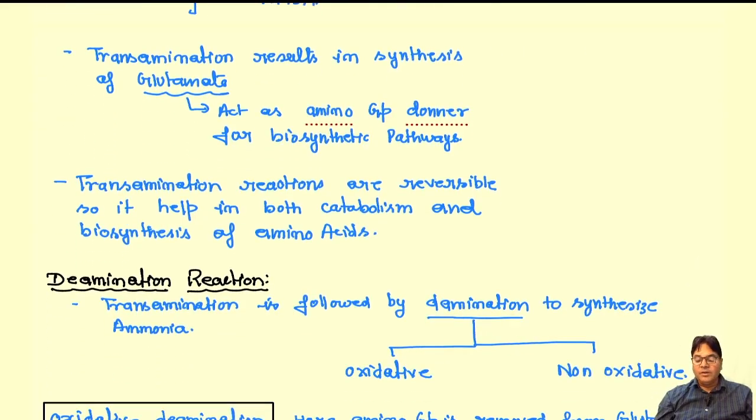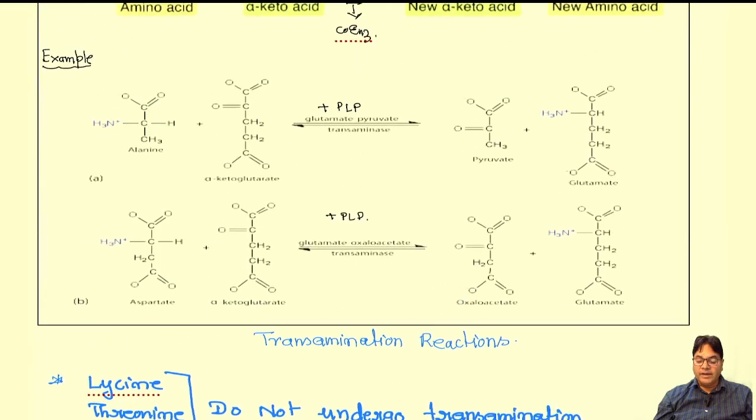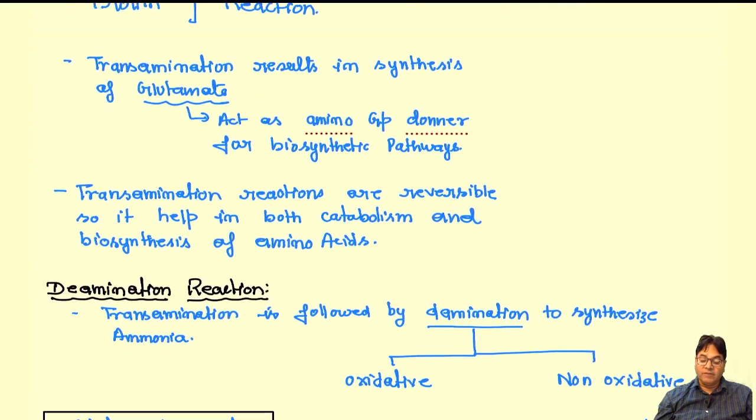Now these transamination reactions are reversible, that means if the right direction occurs, then the left direction can also occur. This amino group can be transferred from glutamate to oxaloacetate, and then the reverse reaction may take place. So we call these transamination reactions reversible reactions.